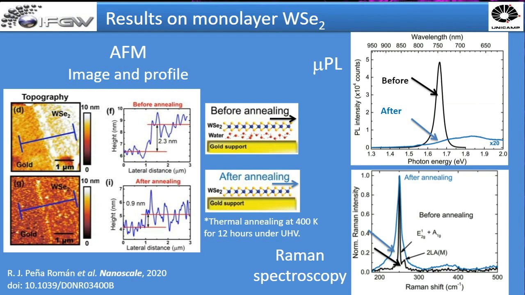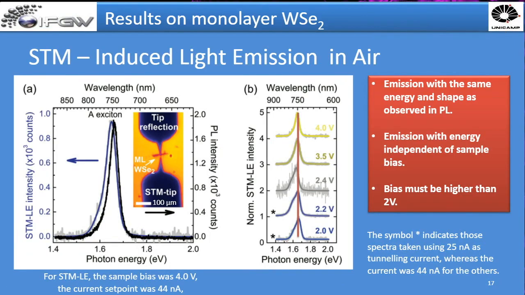So given this, we went back to the STM and said, okay, of course we can do STM in UHV, but there's no reason why we cannot make it in air. So we simply vented our STM and did some other things to make it better.